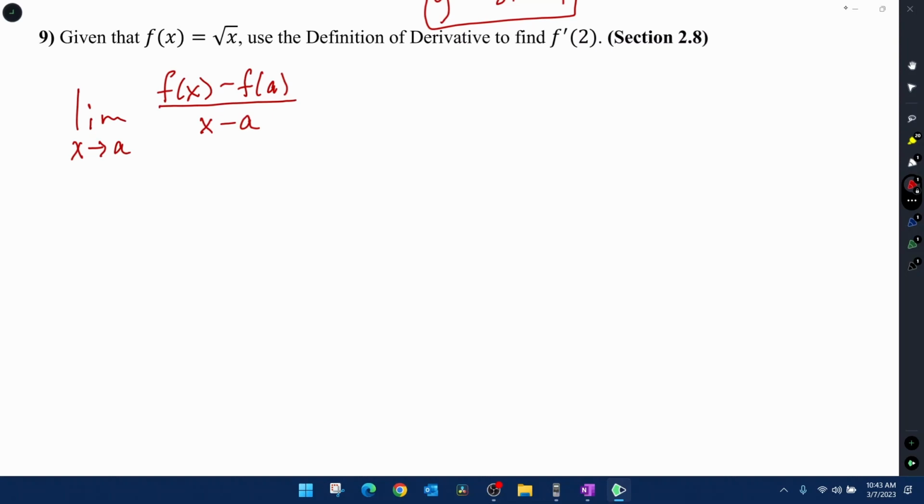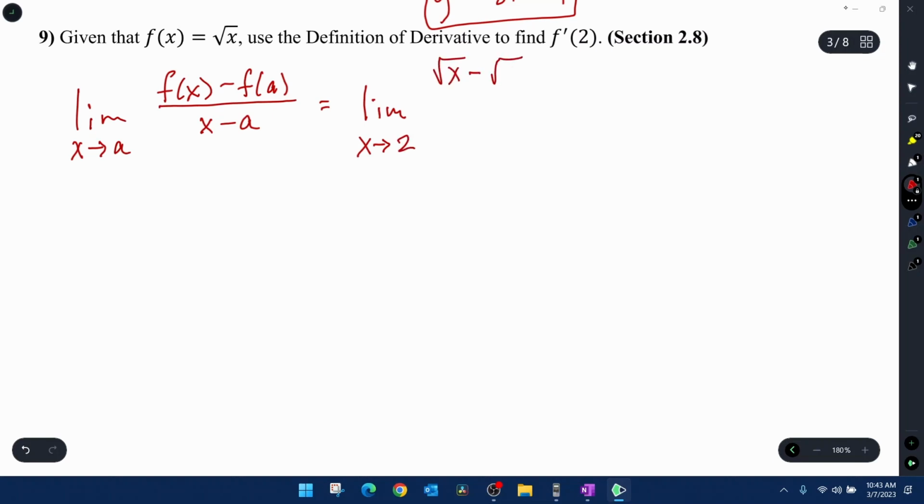That's the number I'm going to, okay? So here, every a is going to get replaced with 2, and then x and f of x just stay what they are. So this is going to be the limit as x approaches 2 of the square root of x minus the square root of 2 all over x minus 2.